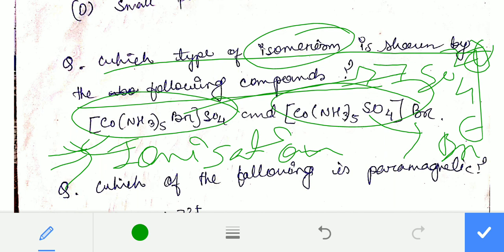In both cases the anions are different, because you can see the bromide and sulfate ions are different. So this is ionization isomerism. So moving to next question.